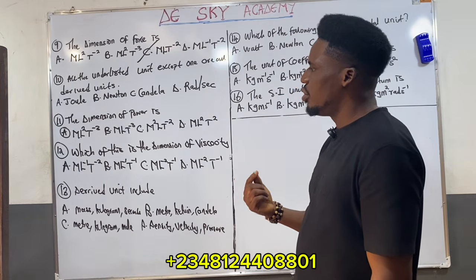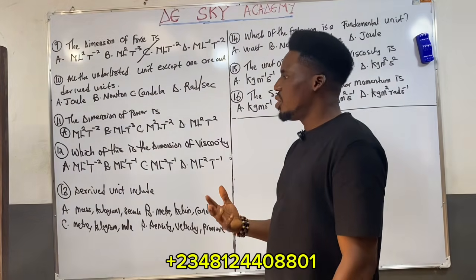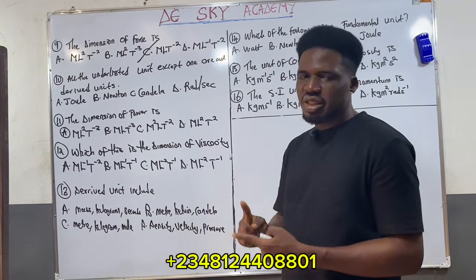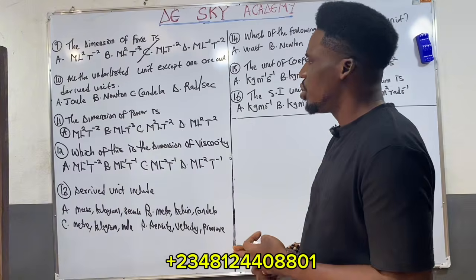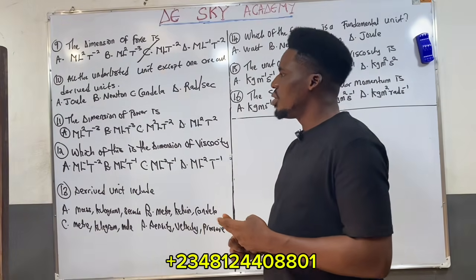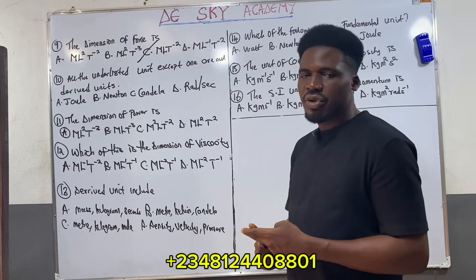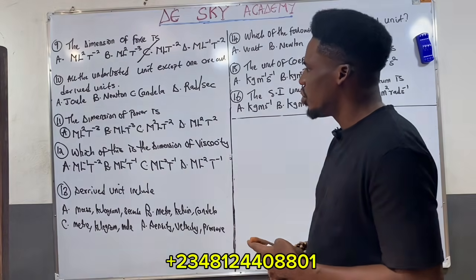Now, let's start with option A. Joule is actually the unit of what? Energy. Energy is a derived unit, so it cannot be the answer. Option B, Newton is a unit of force, and force is a derived unit as well.